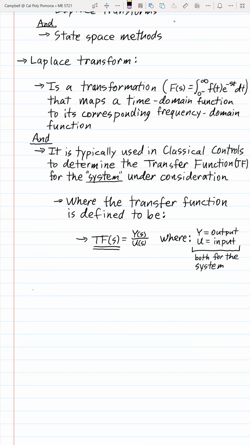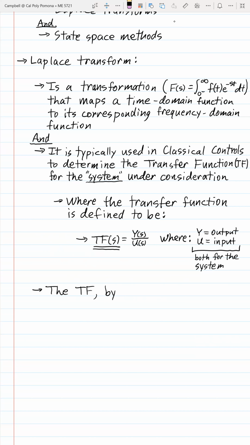Let's go down here. I think that gives me enough room. And so, of course, the transfer function itself, by definition, because y is the output and u is the input, there's only, in this case, one y and one u. We don't have a y1, y2, y3, or a u1, u2, u3.